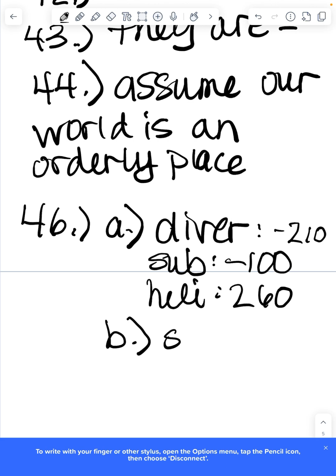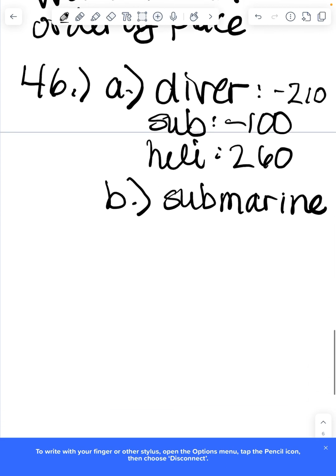This would be the submarine, because the ocean would be where you would consider 0 on the number line. They're measuring from the surface of the ocean. The submarine is 100 feet away, closer than negative 210 or positive 260.